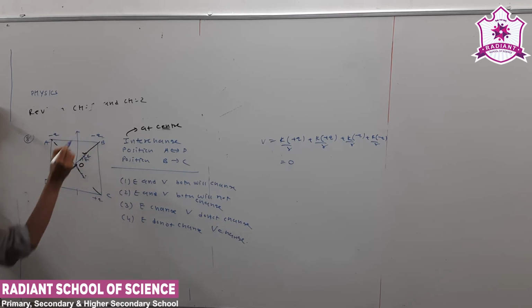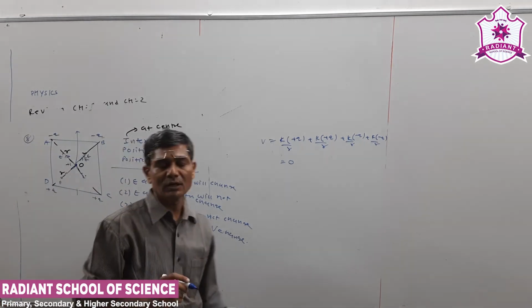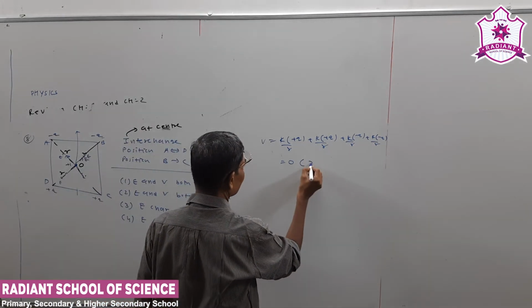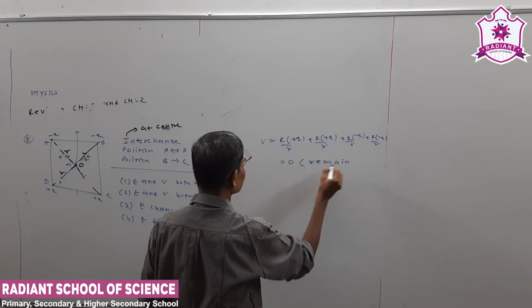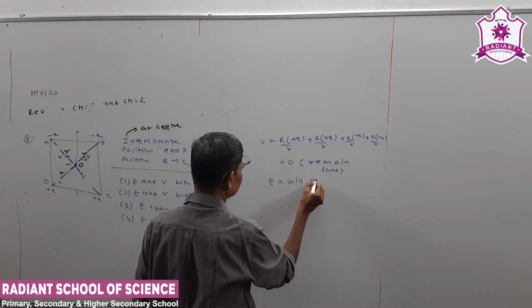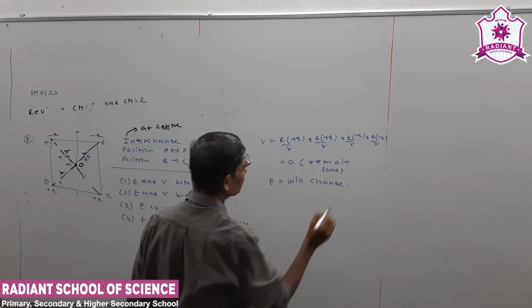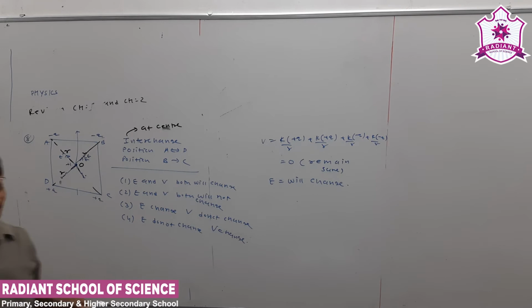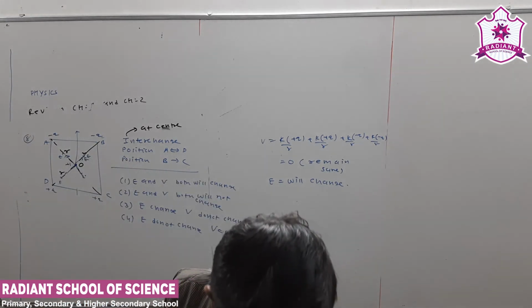So the resultant field will be in the CB or DA direction. That's why the direction of the resultant electric field will change. So potential remains the same, E will change. Why? Because it is a vector quantity, its direction will change. So this is how we can solve an MCQ like this. Okay?